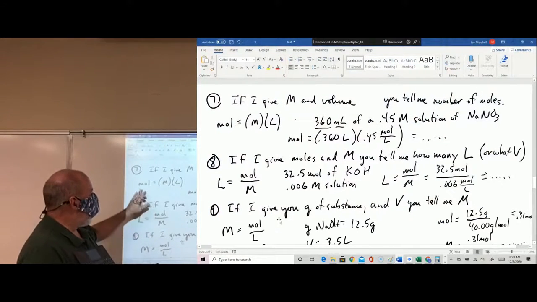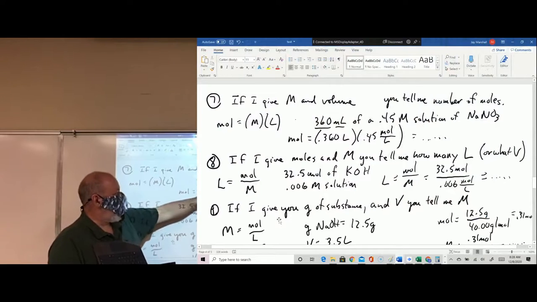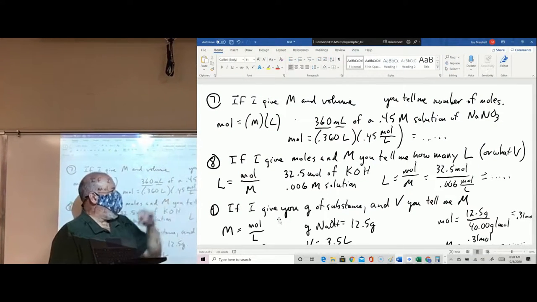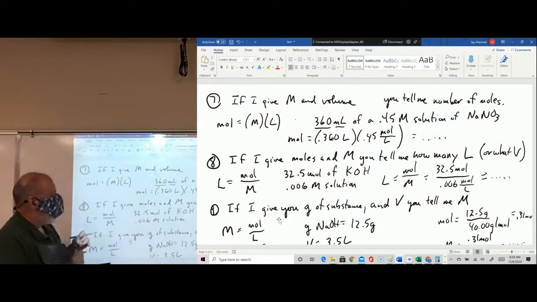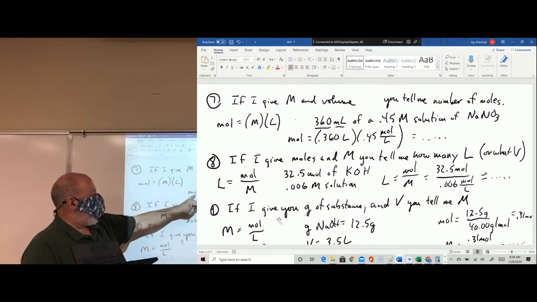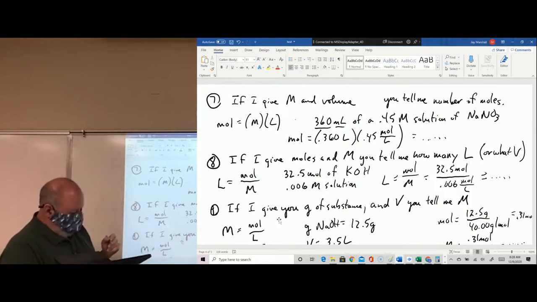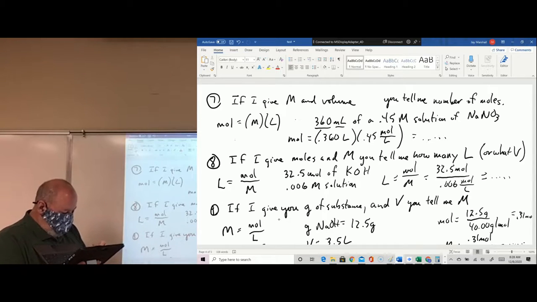Okay, so in this case, you would just multiply. If I gave you 360 milliliters of a 0.45 molar solution of sodium nitrate, then you would say moles equals, well, I forgot to write out the formula. You would say moles equals molarity times liters.